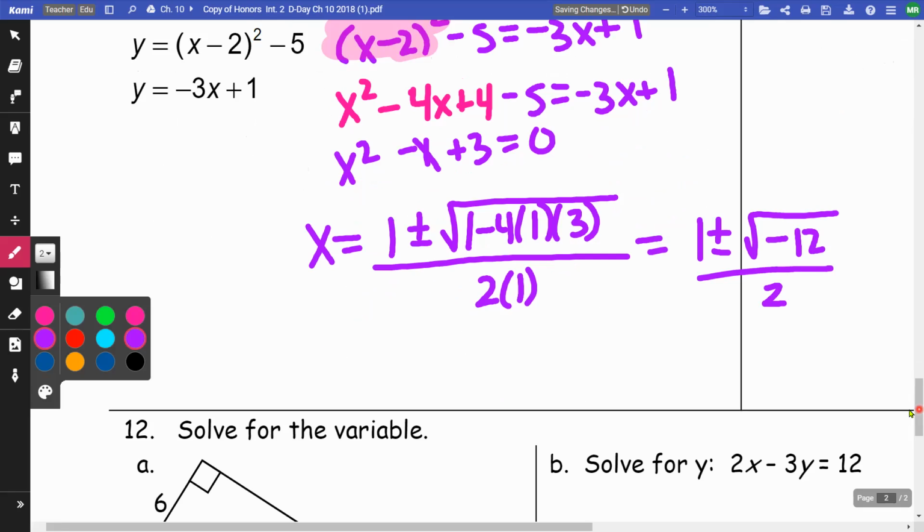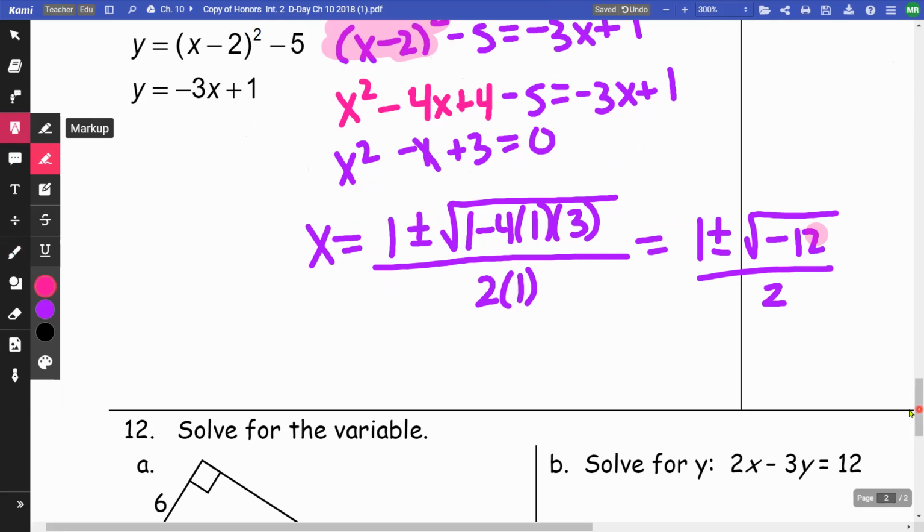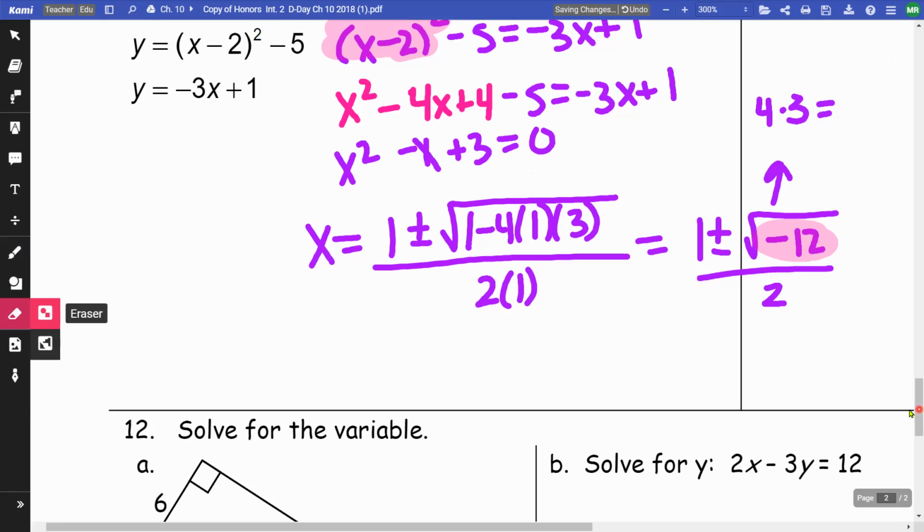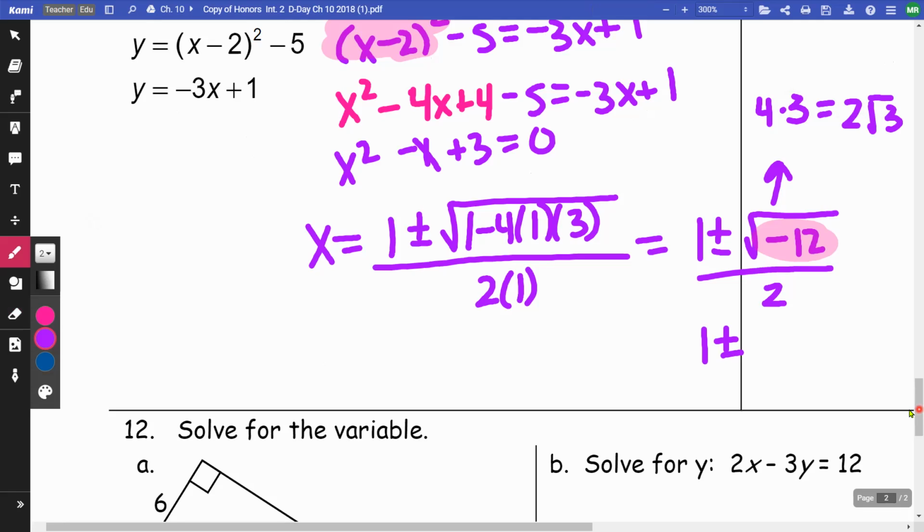So this we're going to clean up. So the square root of 12 is a 4 times 3. So that's going to be a 2 root 3. So my answer is going to be 1 plus or minus 2 root 3 all over 2.